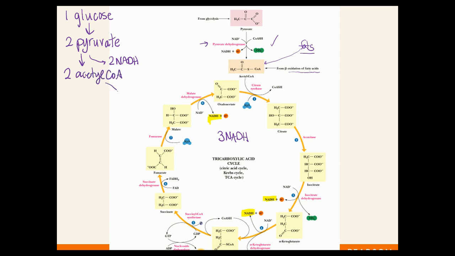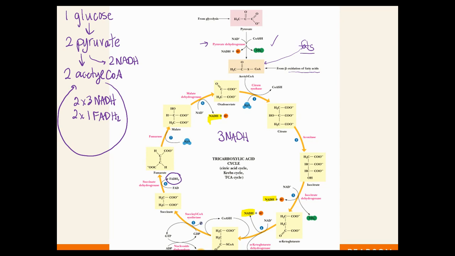And as this churns around, you make 2 times 3 NADH. You make 2 times 1 FADH2, which is here in that step.